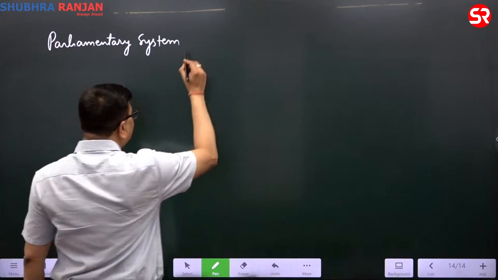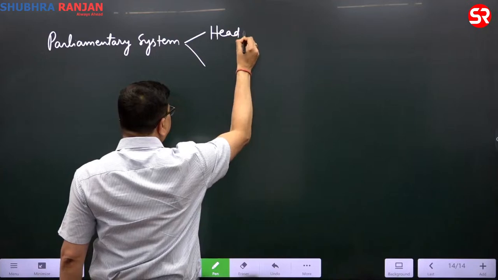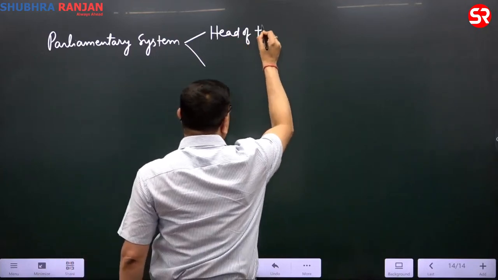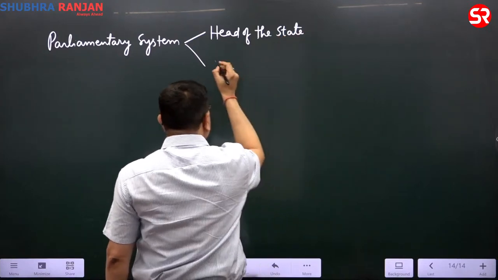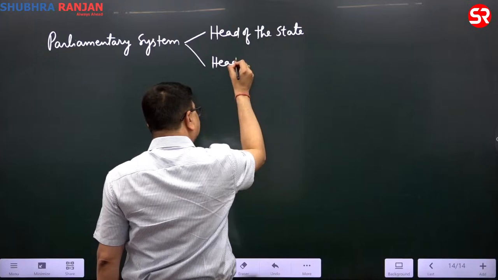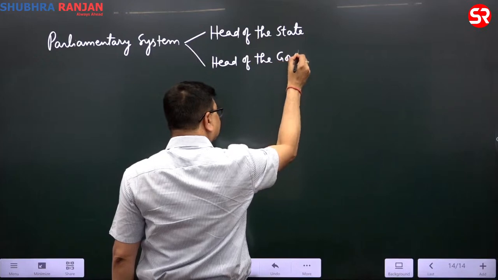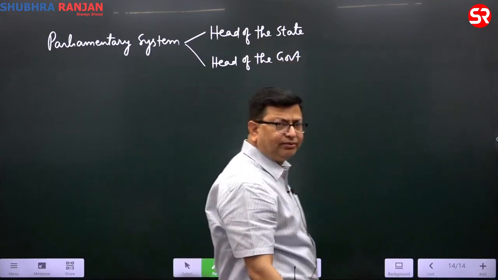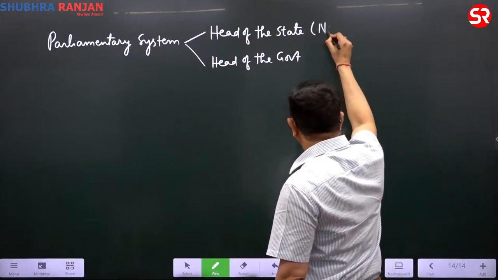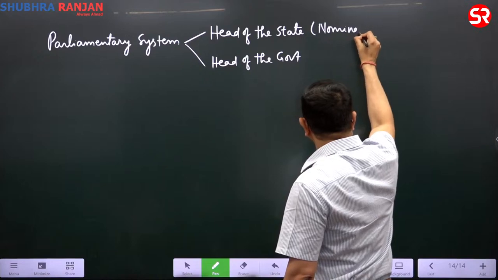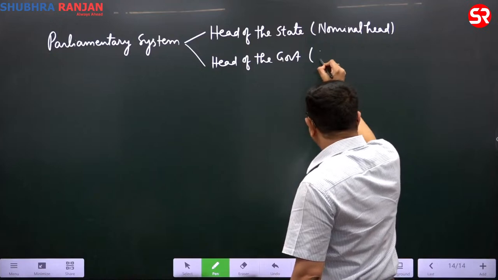In a parliamentary system, there are two heads: head of the state and head of the government. The head of the state is the nominal head, and head of the government is the real head.